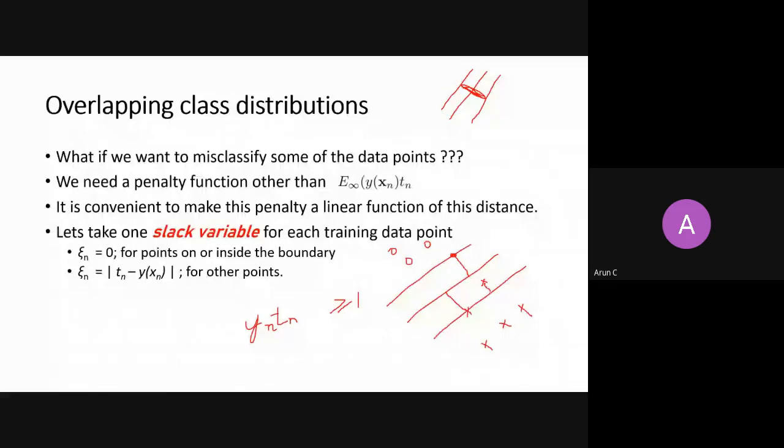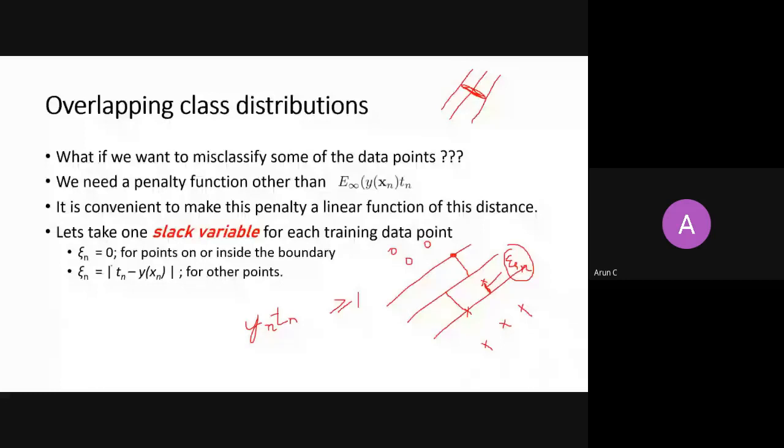This is known as the psi error, and this is how you write it. For the nth point, if it is coming in this range, you are saying that I will add some positive error to this point.